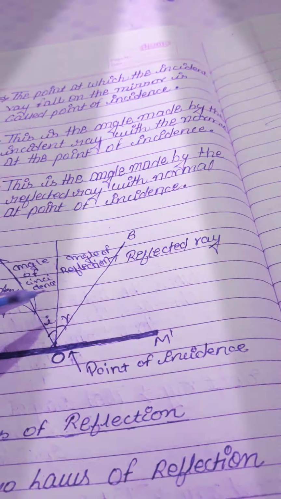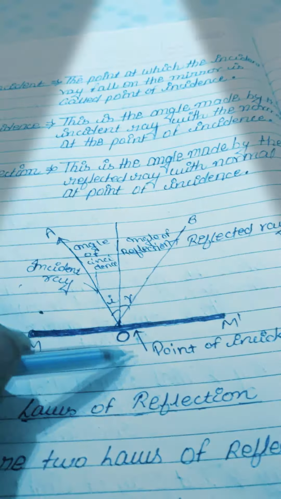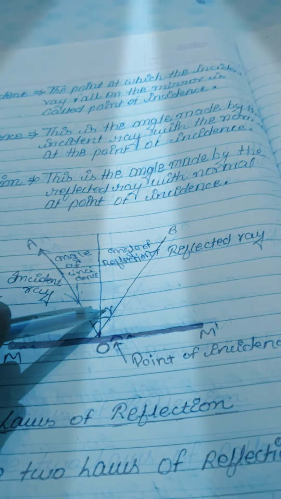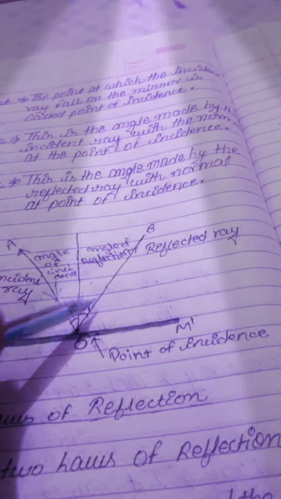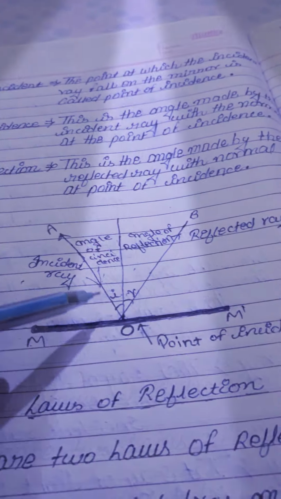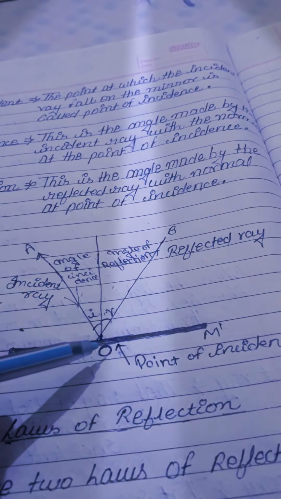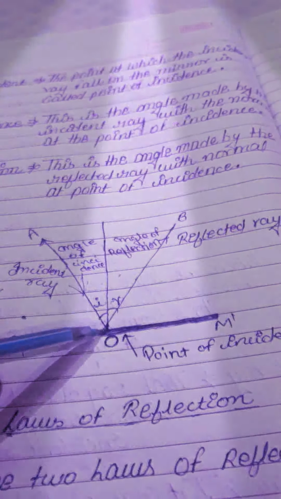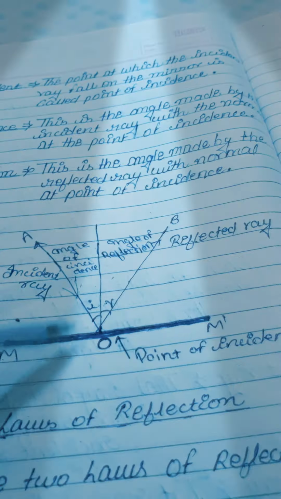I is the angle of incidence and R is the angle of reflection. And this ray of light is the reflected ray, when the incident ray falls on the surface and is sent back, which I have told you just before. And this is the perpendicular.